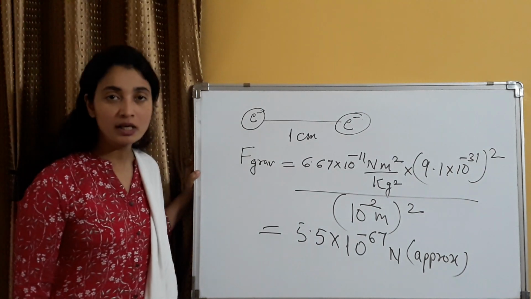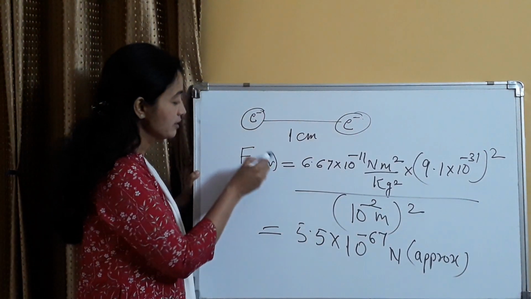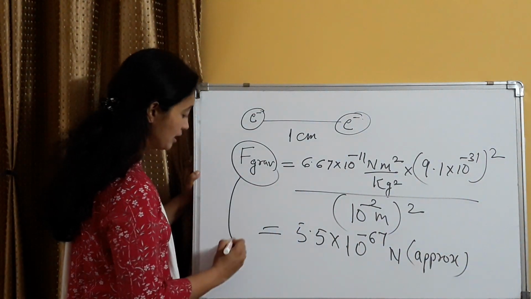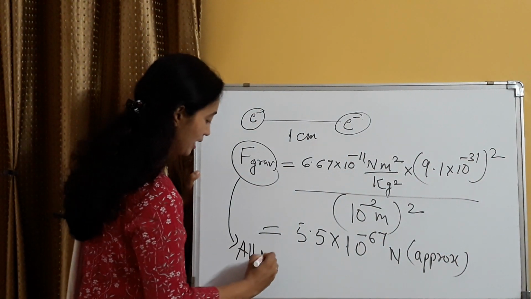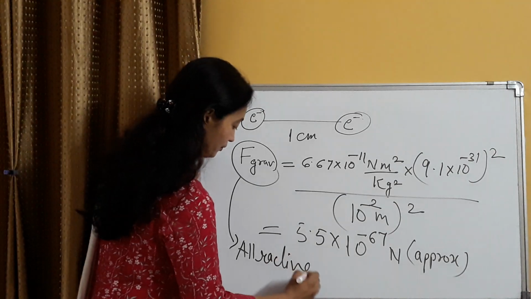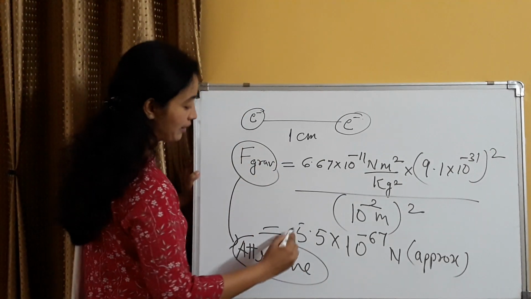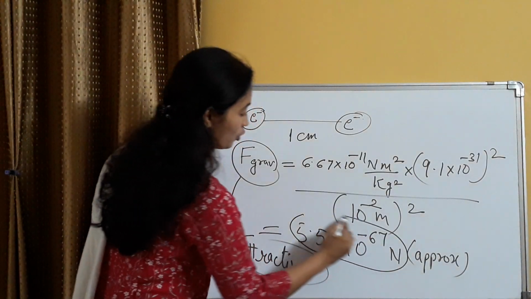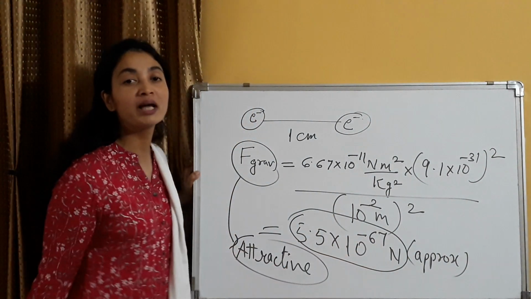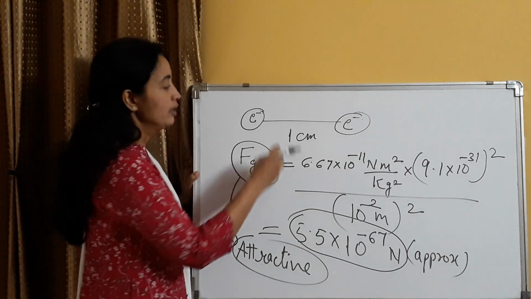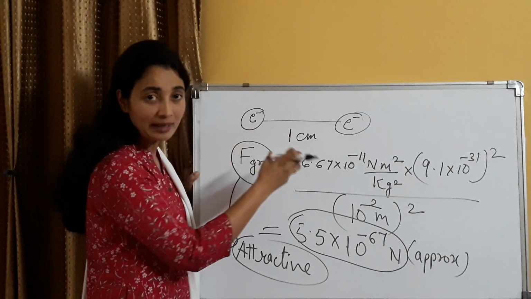Now my question is, what type of force is this? Of course, the answer is that gravitational force has always been attractive. So these two electrons are attracting each other with a force of 5.5 into 10 to the power minus 67 newtons. But in actual practice, we know they are not attracting each other.